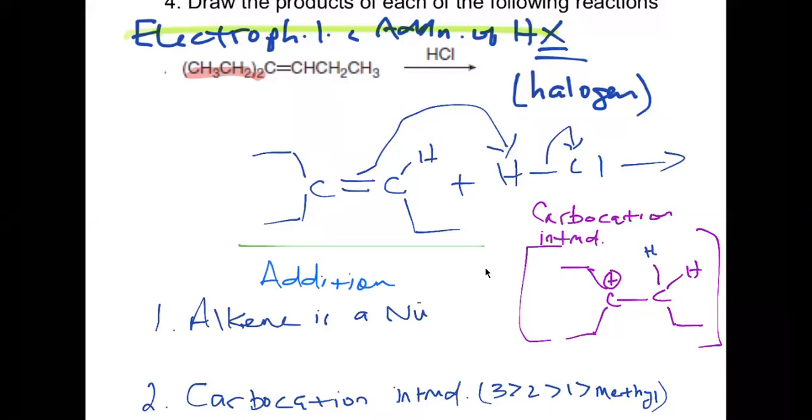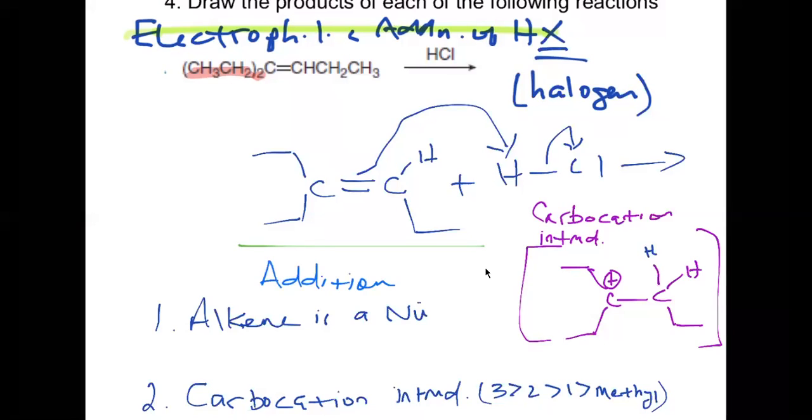Anytime you start with a pi bond as your starting material, it's going to be an addition. When we talked about the different types of reactions, elimination, substitution, addition, and rearrangement, addition always started with a pi bond, and elimination always ended with a pi bond in the product.